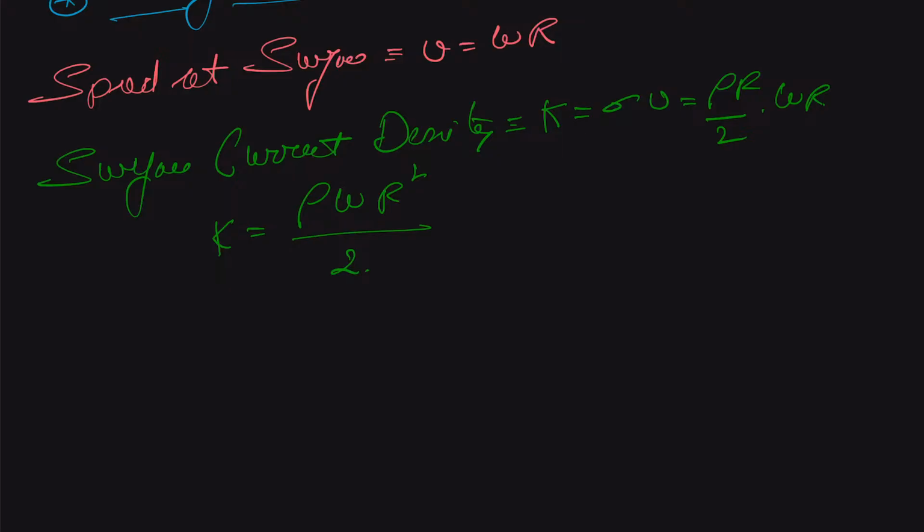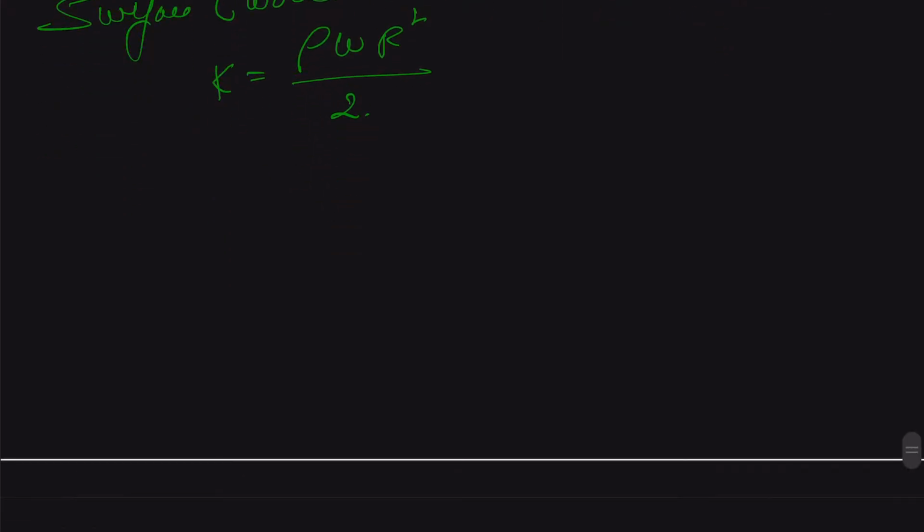And because this is an infinite cylindrical current sheet, we can use the effect of a solenoid.